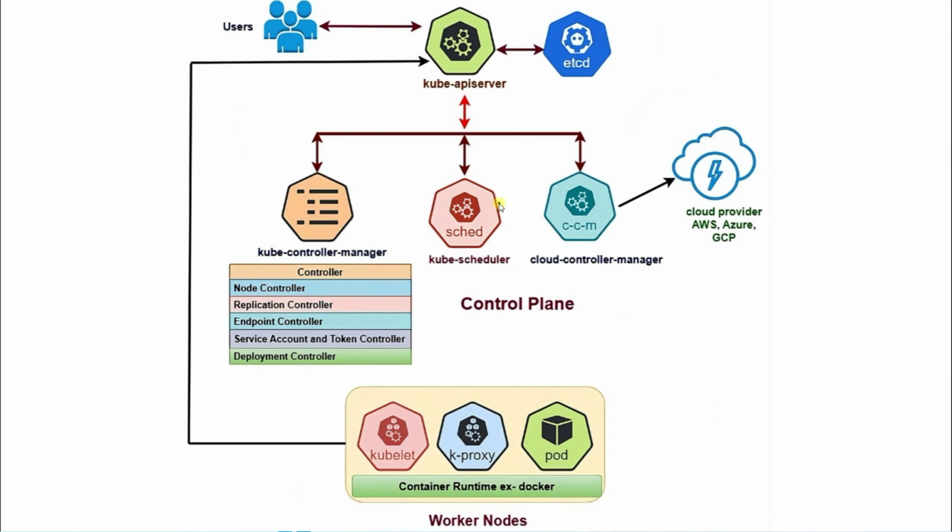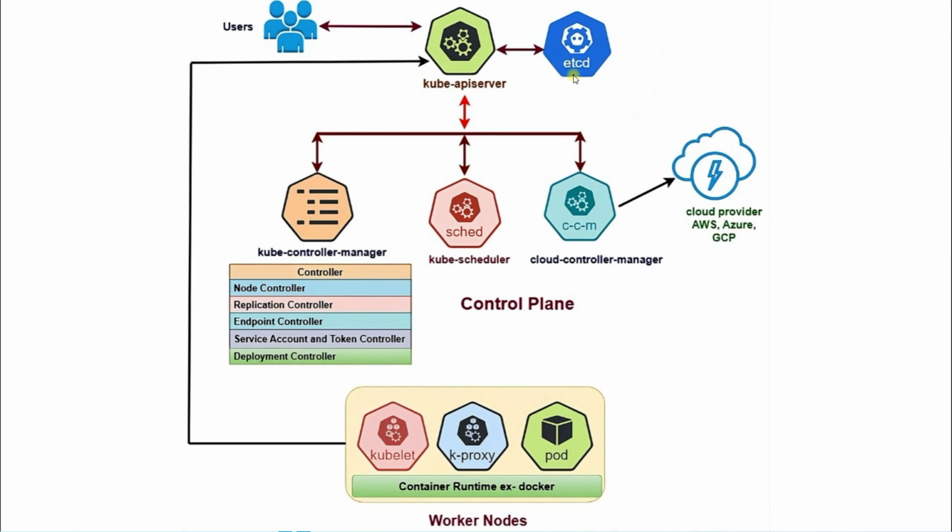Other components don't interact with etcd because there is no use for them to do so: configuration and metadata are all stored on etcd, and all the requests come to the Kube API. So the Kube API directly sends that configuration data to etcd.